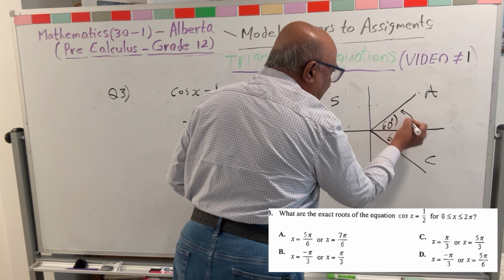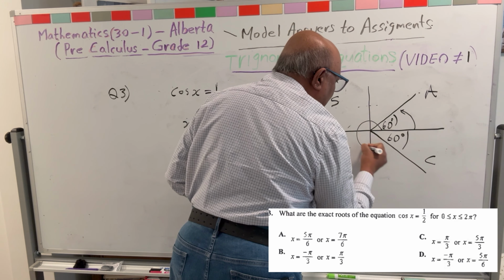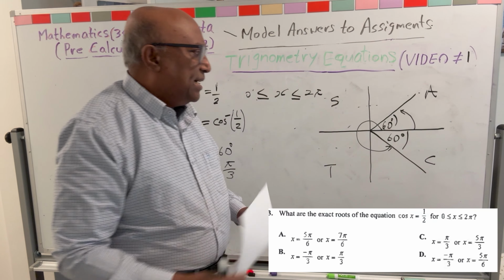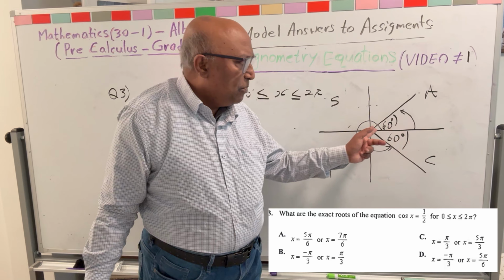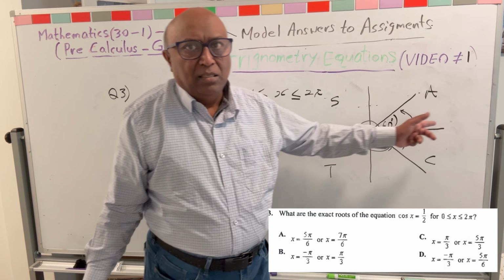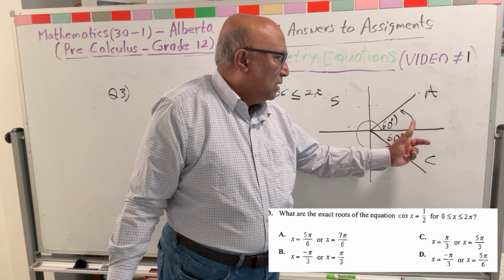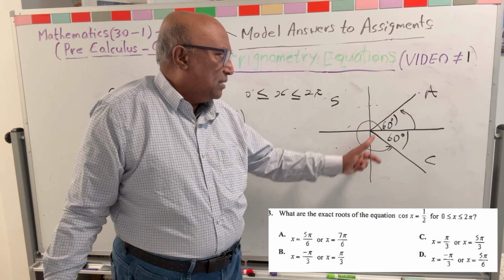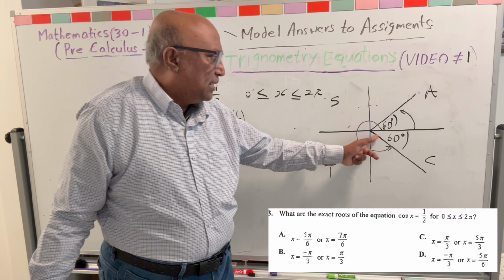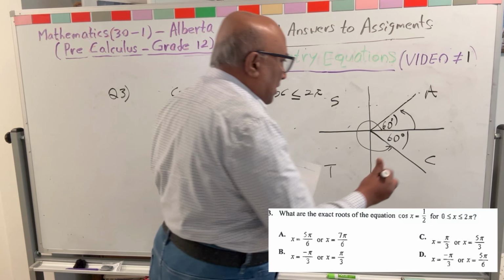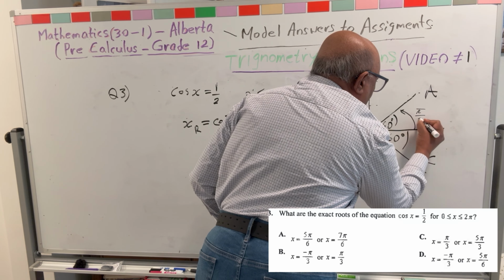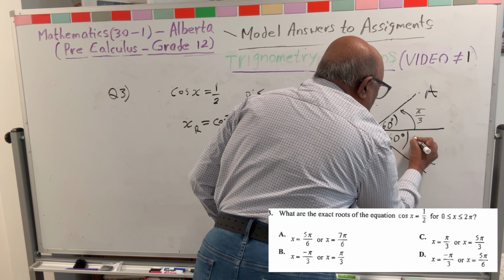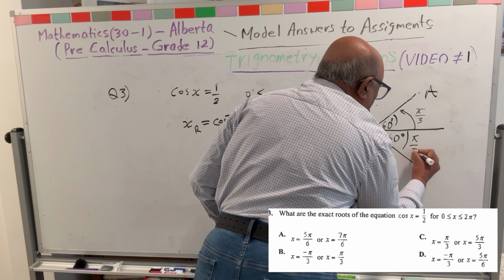For the standard position angle, always read the angle from the positive x-axis, from the initial arm, towards the anti-clockwise direction. Okay, this is one angle, this is another angle. Let's write in radians. This angle is equivalent to pi by 3.